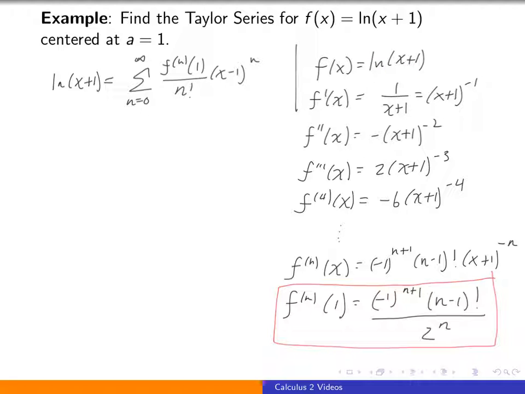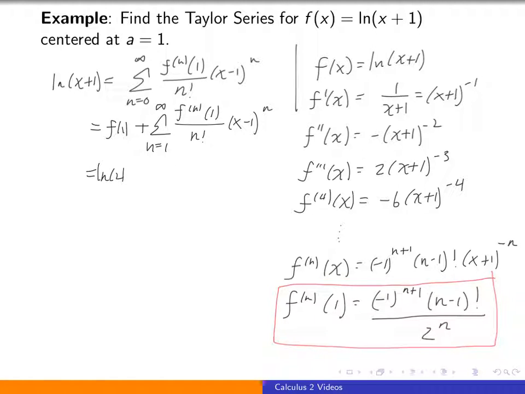So how we will go about this is we will first plug in 0, and when we plug in 0, it just becomes the function value at 1, as we observed in our previous slide. And then we'll add on to this what's happening from n equals 1 to infinity. So the function itself doesn't follow the pattern, but that's okay because we can easily plug 1 in. f of 1 is the natural log of 2.